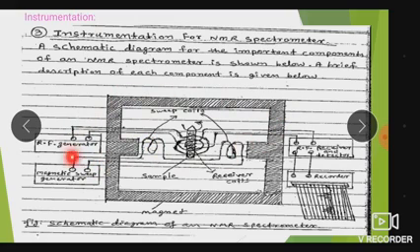There is an RF generator, a magnetic sweep generator, a pole magnet, a sample tube, a receiver coil, an RF rectifier or detector, and a recorder. The whole is the instrument for H1 NMR. We will see each part of the instrument in detail, one by one.